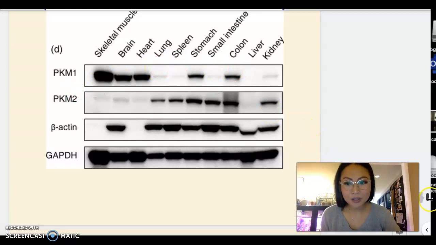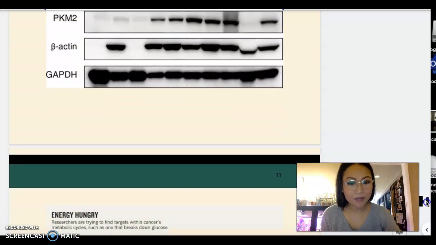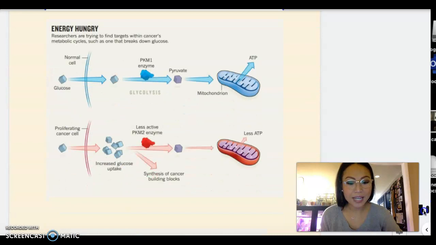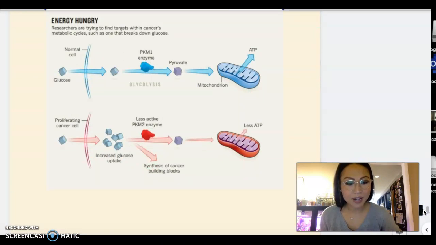It seems logical that cancerous cells would have preferential expression of PKM1 due to their reliance on aerobic glycolysis to produce and consume energy. However, PKM1 exists in a stable and high-activity tetramer form with a high affinity to phosphoenolpyruvate, or PEP.